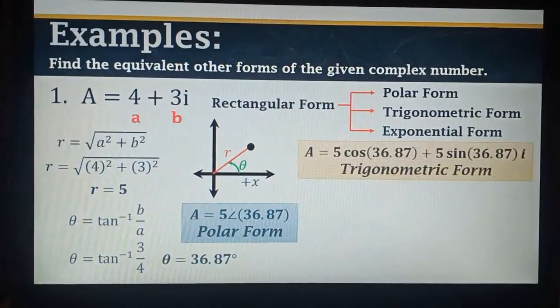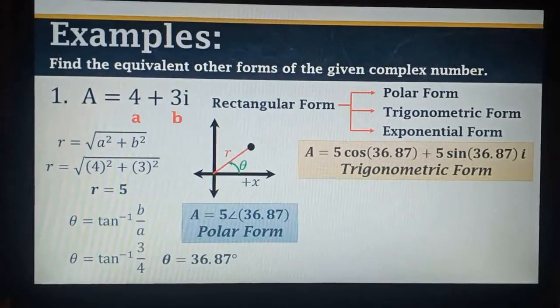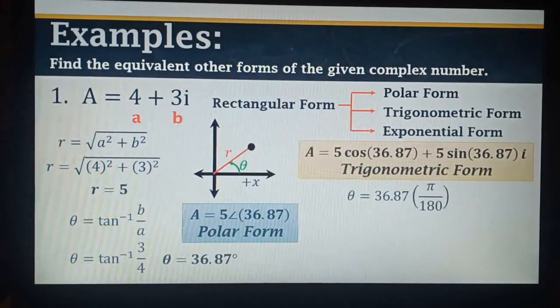Then for the trigonometric form, the value of our r is 5 and the value of our theta is 36.87. So you have the trigonometric form as 5 cosine 36.87 plus 5 sine of 36.87 I. Now you have the theta in degrees. Right? Then you will have to convert it into radian so we can find the equivalent exponential form.